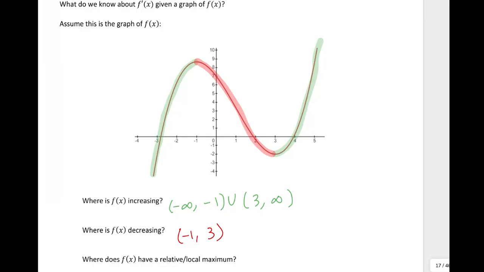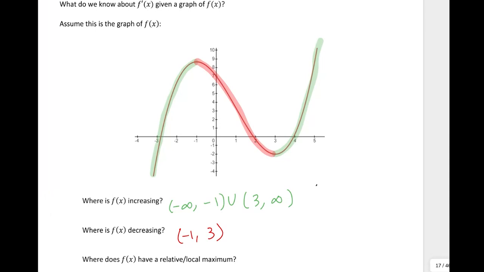So it's going to be above the x-axis. And what does that generally mean about the function? Yeah, like if it's above the x-axis, it's positive. Yeah, good. So if you've got an increasing piece of your function, that means that the derivative must be positive. Okay, so I'm going to just write that down here.